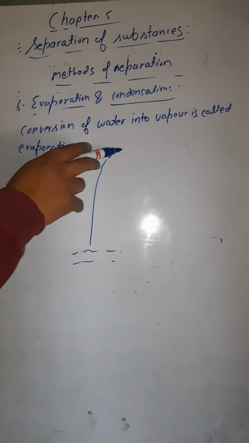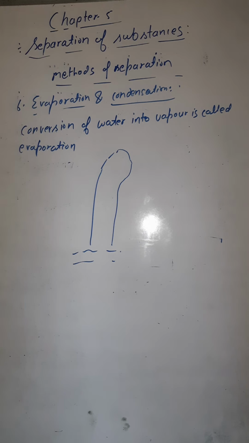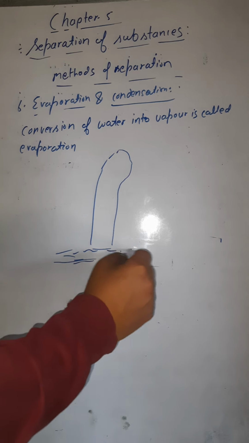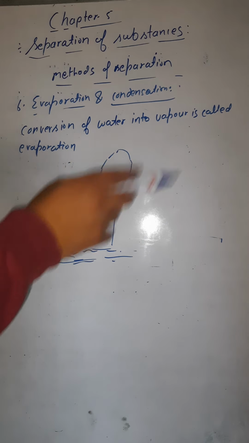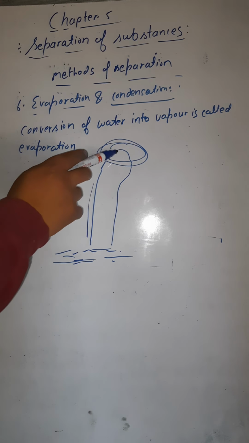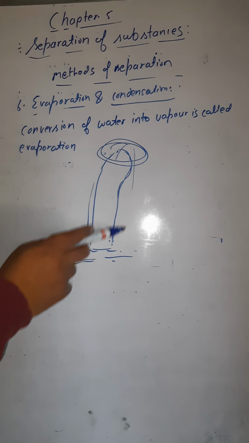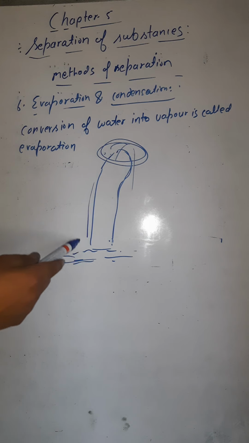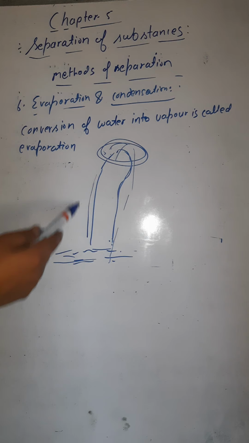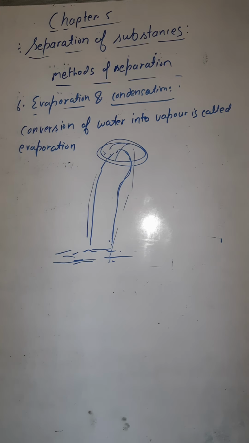If you convert this vapor into liquid again, this process is called condensation. Like the river water or the ocean water gets evaporated and forms clouds, and later these clouds come down in the form of rain. This is the condensation process, because the water going up as vapor is changing into water again.